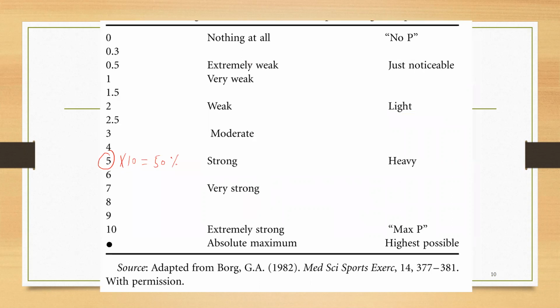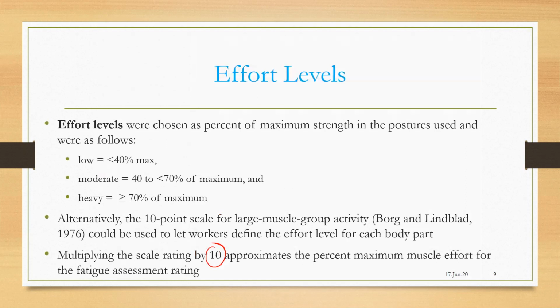And whatever score we get, multiply by 10 to find the percentage, and then assign a score of 1, 2, or 3. For example, if we get a percentage of 50, that will be a score of 2, because this is 1, 2, and this is 3.